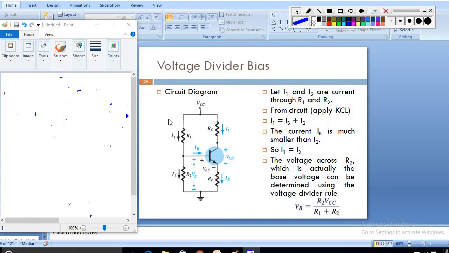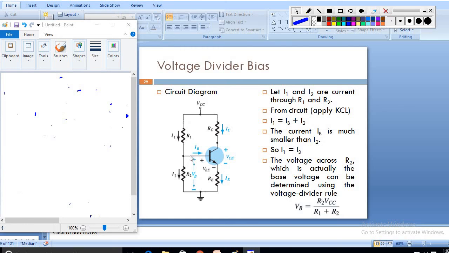There is one difference here in applying KVL and KCL compared to the earlier two biasing circuits, collector and fixed bias. We have applied KVL there, right? But in this voltage divider bias we apply KCL at the input side. Why? Because there is a node created here.